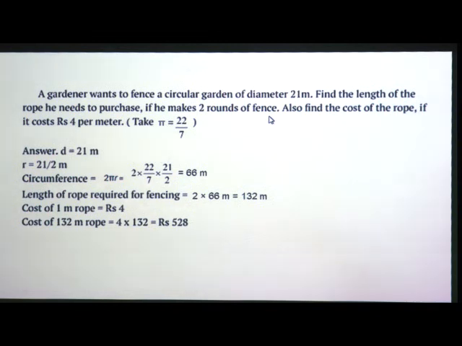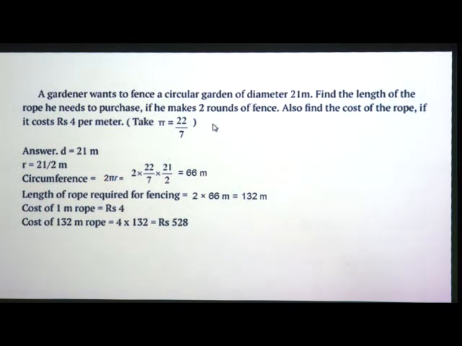He wants to fence his circular garden with a rope. What will be the length required to fence the circular garden for one round, but he wants to make 2 rounds of that rope.